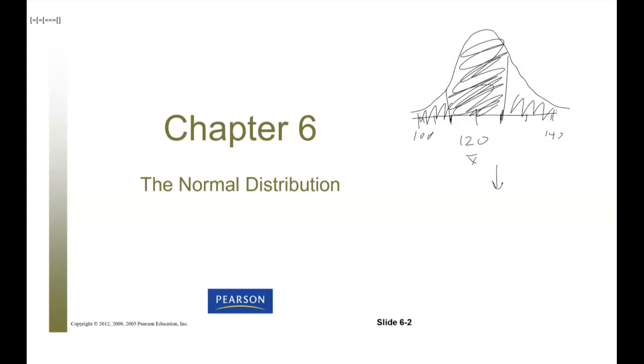Now, all standardizing does is reset the data to a mean of 0. So it takes the 120 and centers that at 0, and then each data value gets standardized just like we did back in chapter 3 using a z-score for our normal distribution.